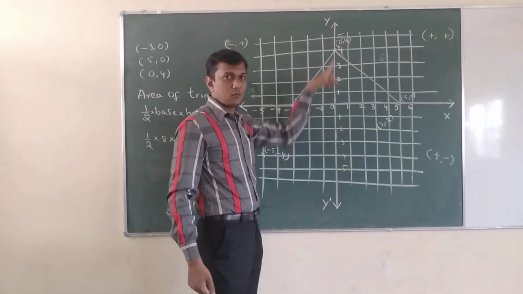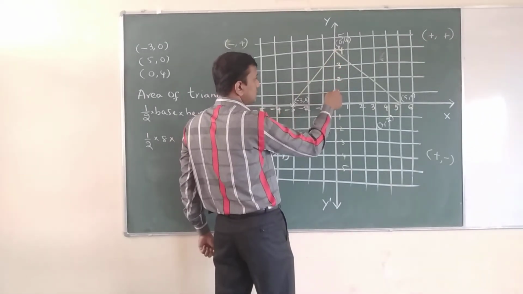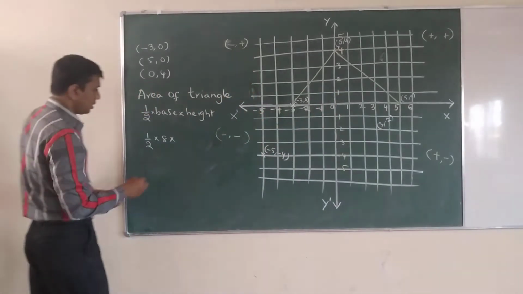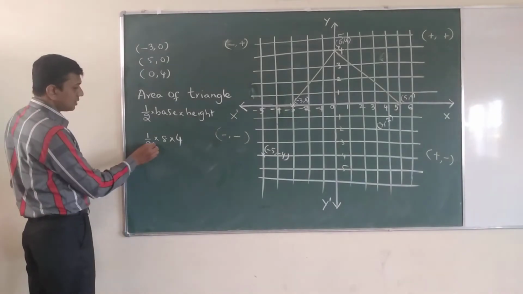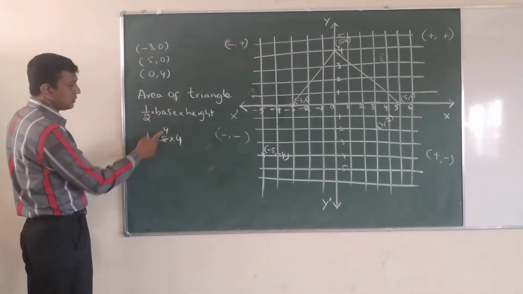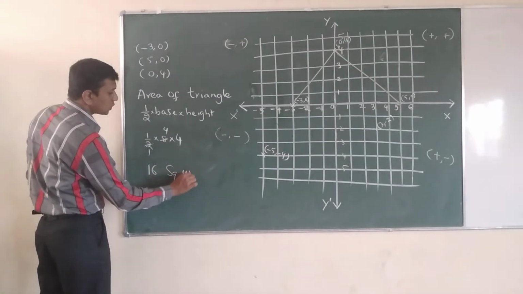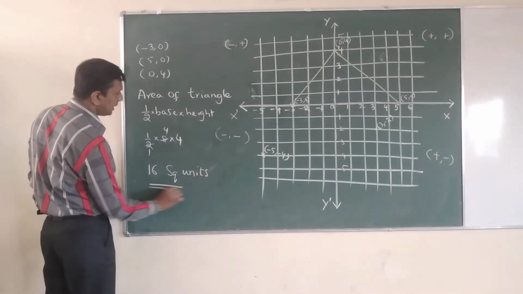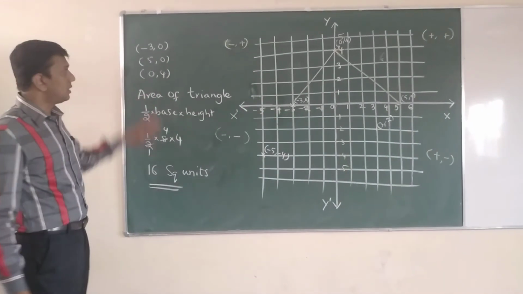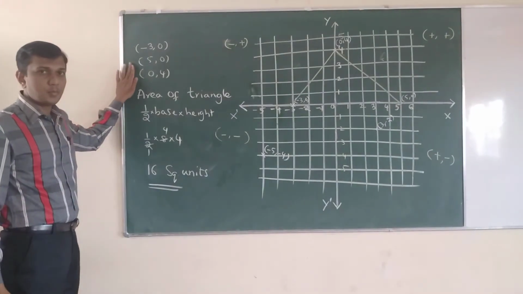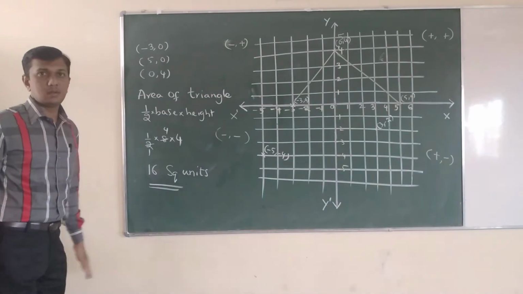Perpendicular distance, vertical. 1, 2, 3, 4. How much? 4. Now let us do the cancellation. 2 ones, 2 fours, 4 4s are 16. 16 square units is the area of the triangle formed by these particular points. So this is one example. Let us move on to another example.